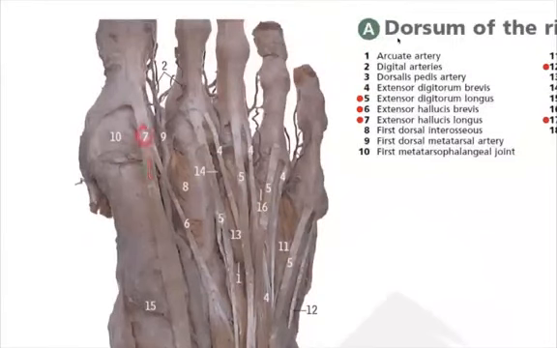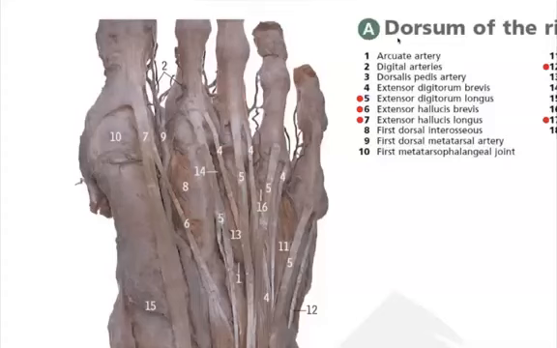Fantastic. Extensor hallucis longus. And if you look very clearly, you will see there is a long tendon and also a short tendon for each one. This is the long tendon, this is the short tendon, this is the long tendon, and this is the short tendon. All of them have the same thing. So number 7 is the extensor hallucis longus, and number 6 is the extensor hallucis brevis, because this is the short one.